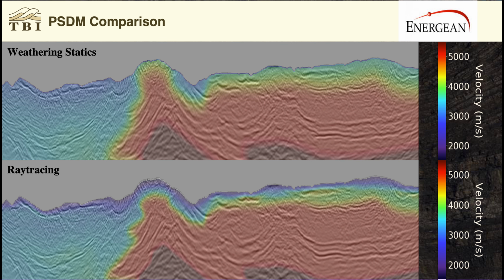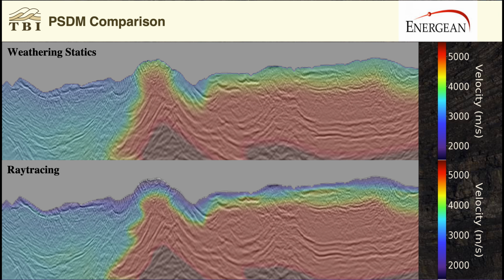This comparison shows the difference between using the refraction statics and ray tracing through the near-surface velocity model. For a fair comparison, I removed the residual statics from both solutions. So on the top, we have the pre-stack depth migration with refraction statics.